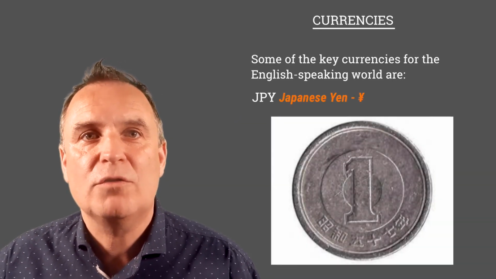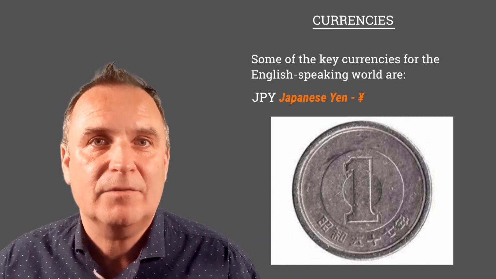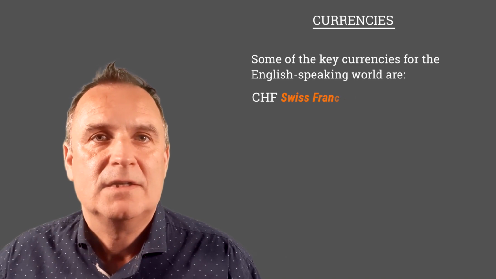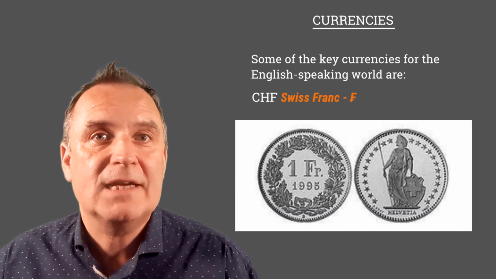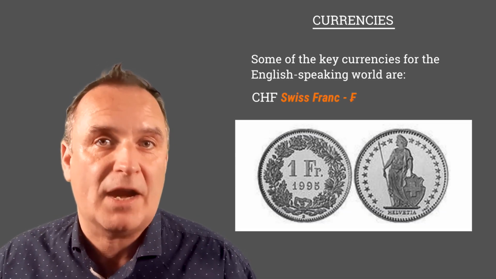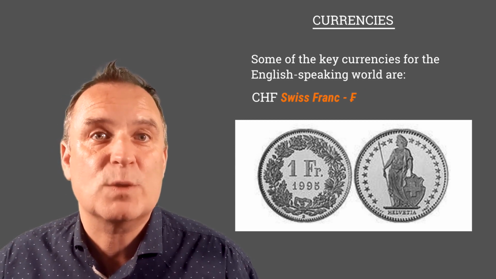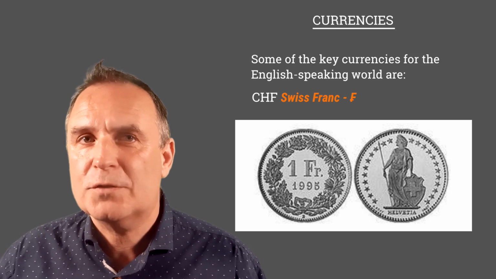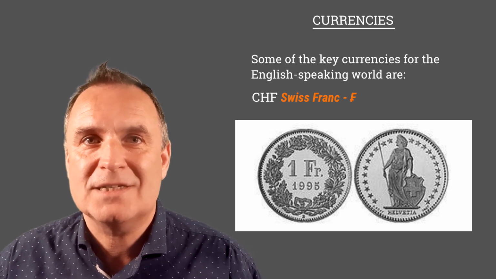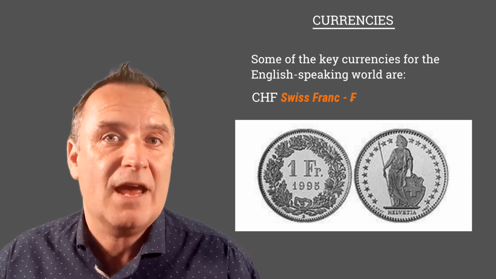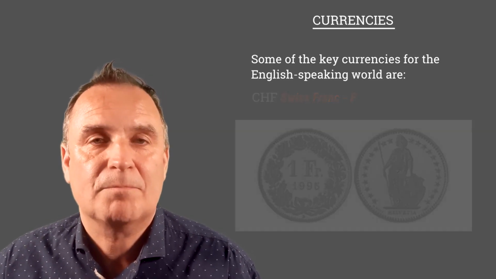JPY is the code for the Japanese yen, for the yen currency in Japan. CHF is the code for the Swiss franc, the franc that's used in the country of Switzerland, which often uses the abbreviation CH to represent Switzerland. So CHF is the Swiss franc.